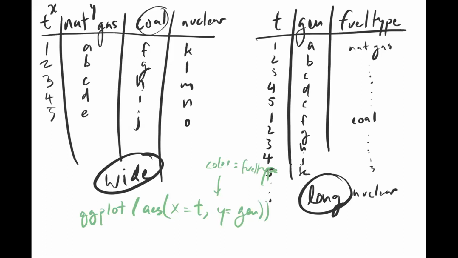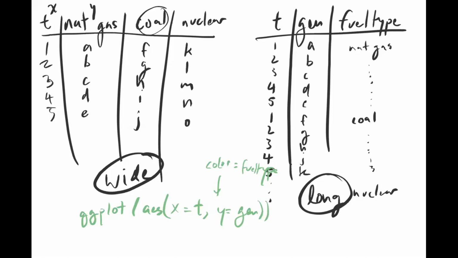Would you gain any extra control over each of the categories, like fuel type, if you specify it in the wide format with different geom points? Like if you wanted specific colors or specific aspects of each one? I'm sure there are ways to do that in the long way too, like passing in a list of colors. In theory you should be able to do everything in the long format that you did in the wide format.